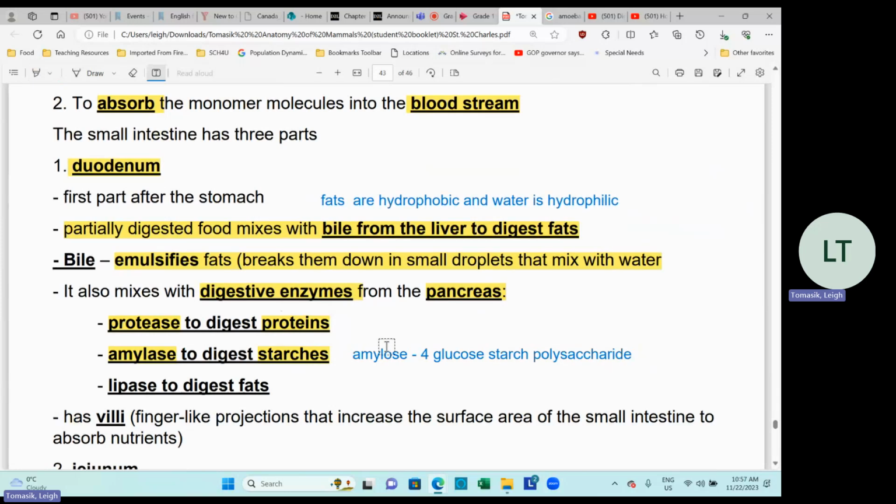So amylose is really a type of starch. So amylase will help you digest amylose. And then you have lipase that allows you to digest fats. Because remember, lipids are fats. So it makes sense that lipase will help you digest lipids.